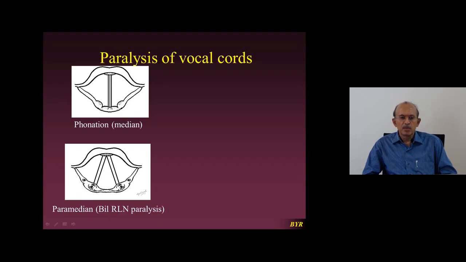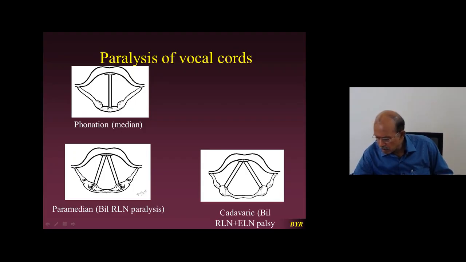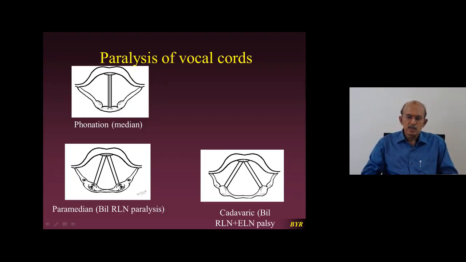This is the paramedian position, which occurs in bilateral recurrent laryngeal nerve paralysis. This is the cadaveric position. That means if both the recurrent laryngeal nerve and external laryngeal nerve are paralyzed, then the cords will be in this particular position.